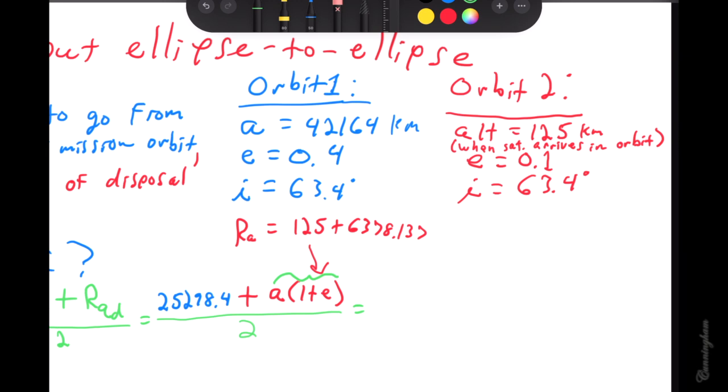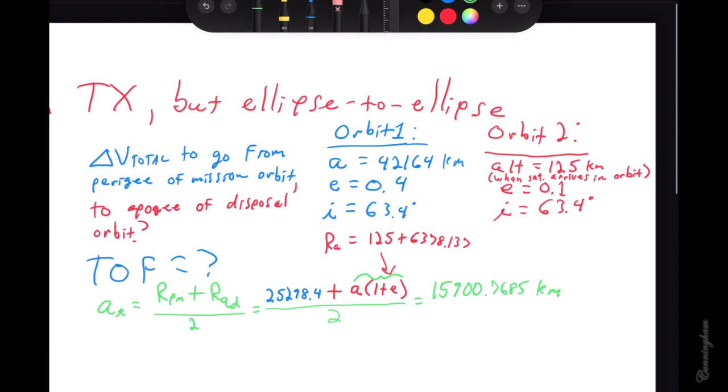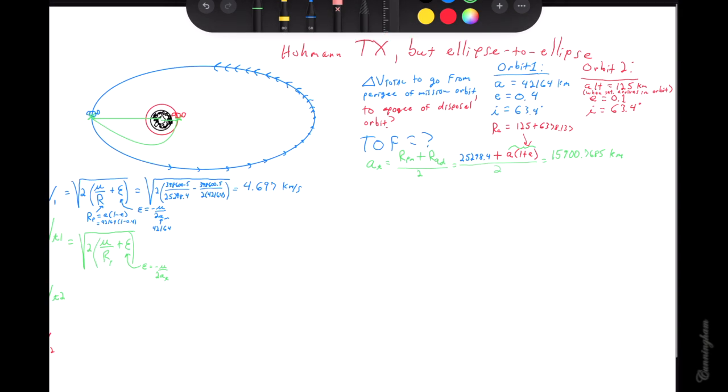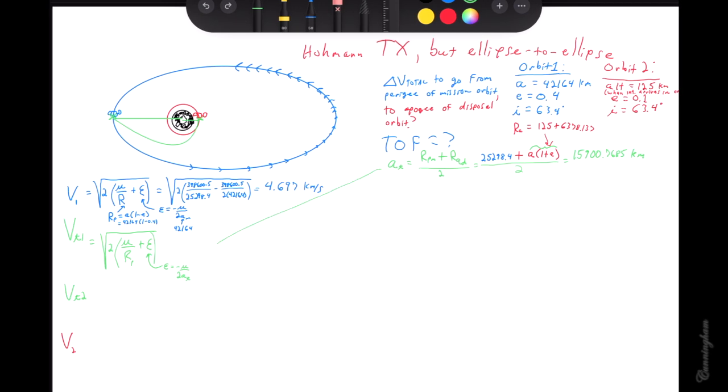Okay, I'm going to divide that all by 2, so I get 15,900.7685 kilometers. That was us taking perigee of the mission orbit, which is right there, and averaging it with apogee of the disposal orbit, which is over there, because that makes up the two starting and ending points, essentially, of the transfer orbit. Ta-da!